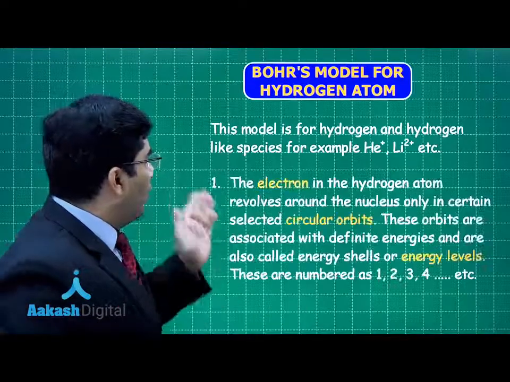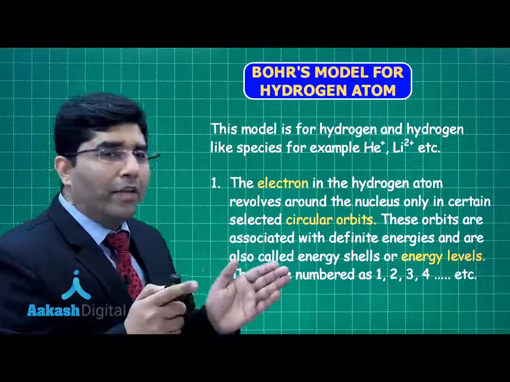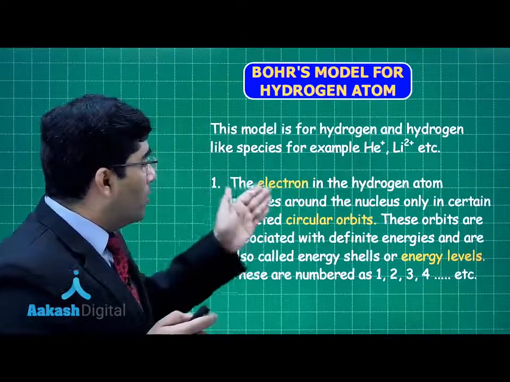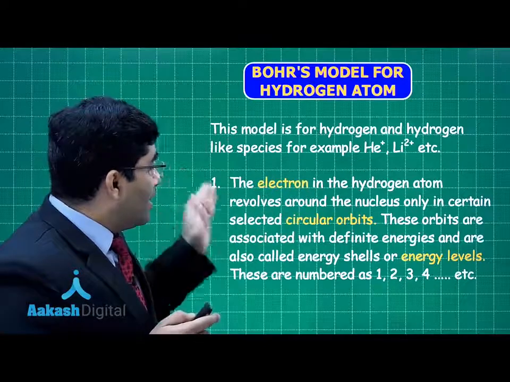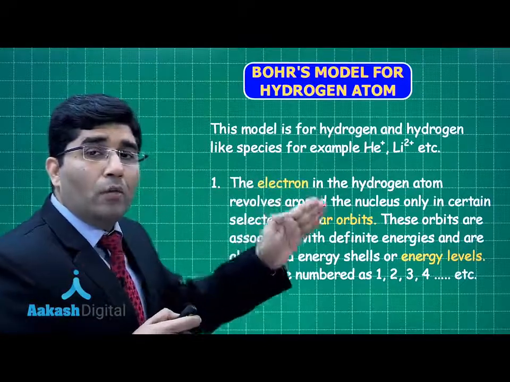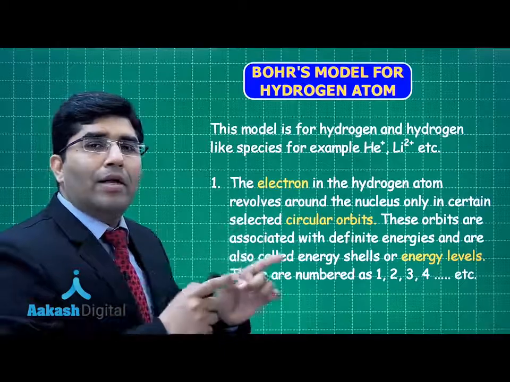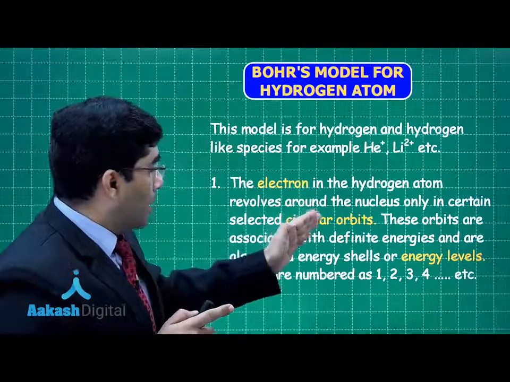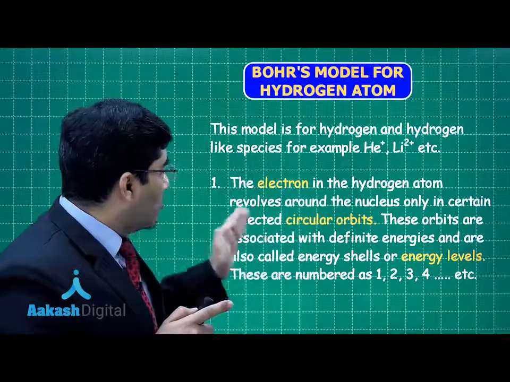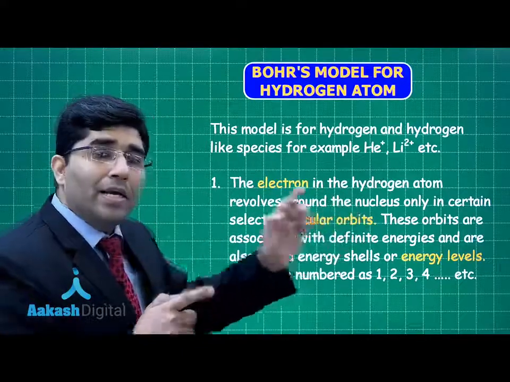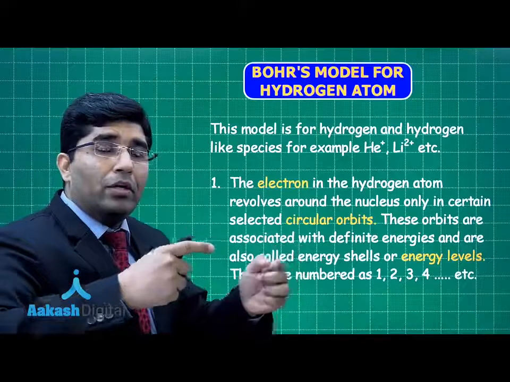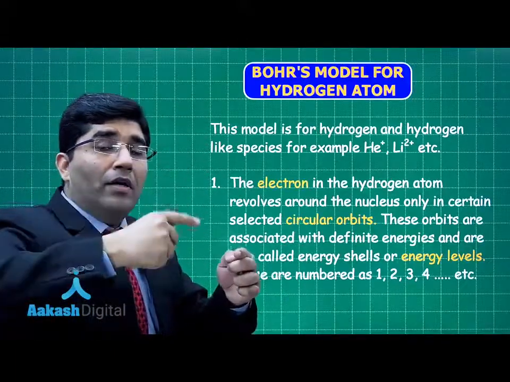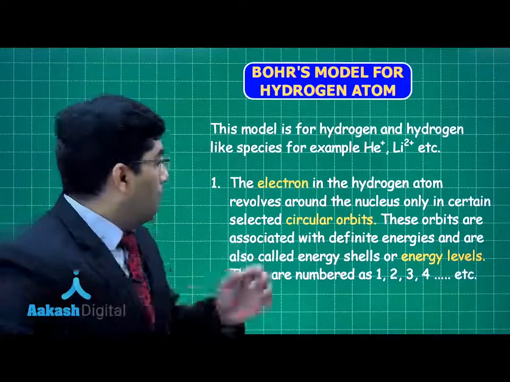So the first postulate of this theory was that the electron in the hydrogen atom revolves around the nucleus only in selected circular orbits. Again the quantization comes here. Certain circular orbits, and these orbits are associated with definite energies. If the energies are definite, we have to go in a definite manner. We can't go continuously.